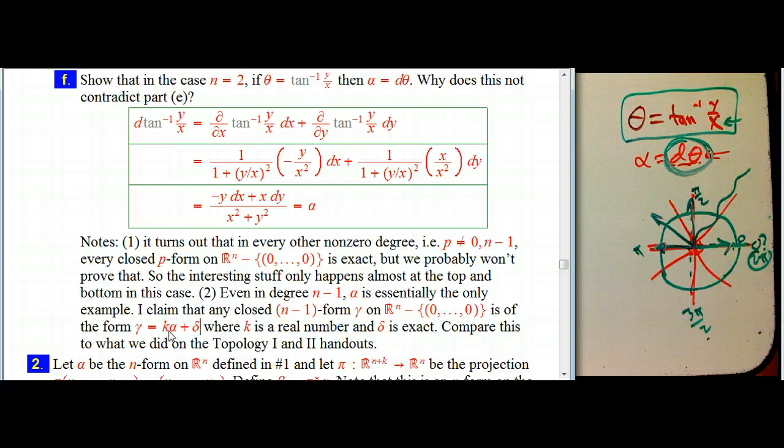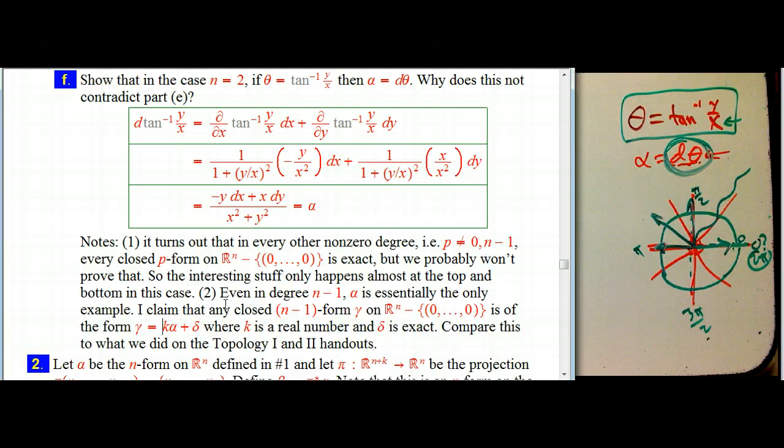And in fact, you can even figure out what multiple it is by taking your gamma and integrating it over the unit n minus 1 sphere, because you can then compare to what alpha does when you integrate it. This is exactly the generalization of some of the key examples on those topology handouts.